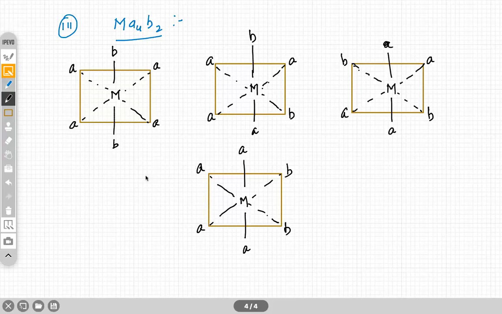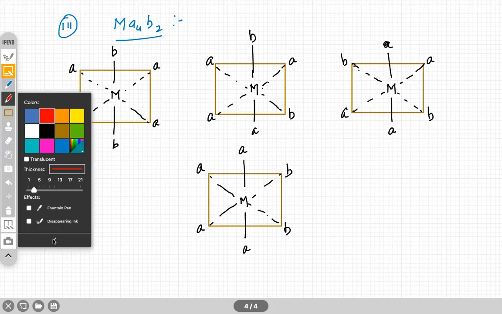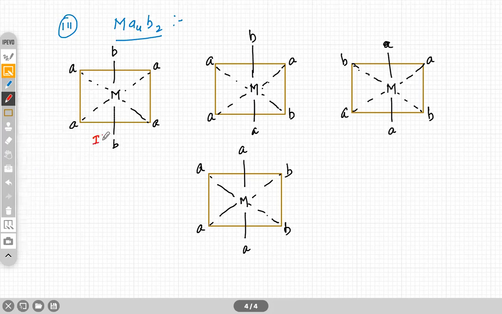Now, how to identify the given molecules are same or different? Okay. So for this, we just take the reference structure. Like suppose the first one, this structure I take as a reference one. Right, 1, 2, 3, and first structure, we take it as a reference one. And the first structure, at the corner of the square, we have all A ligand present.